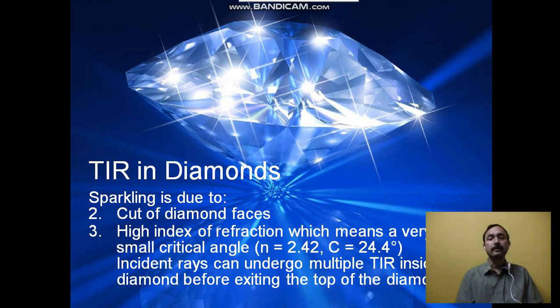Incident rays can undergo multiple total internal reflections inside a diamond before exiting the top of the diamond. For this reason, depending upon the cut of the diamond faces, we will get more sparkling.